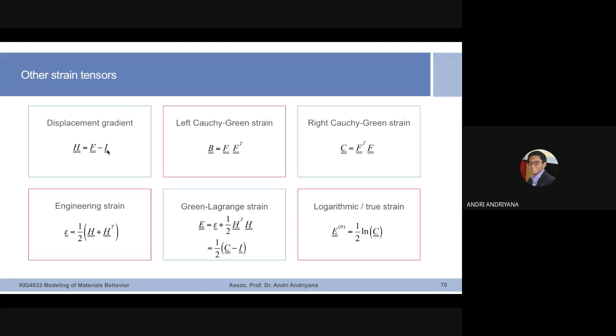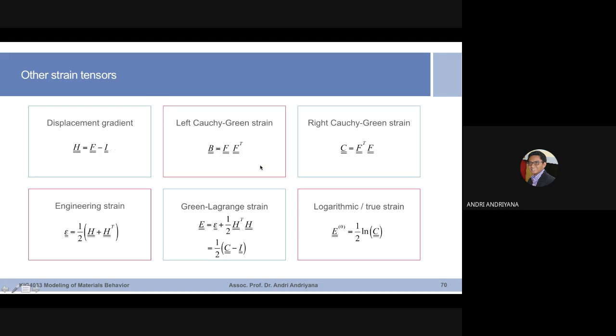This is the identity tensor, the identity matrix.